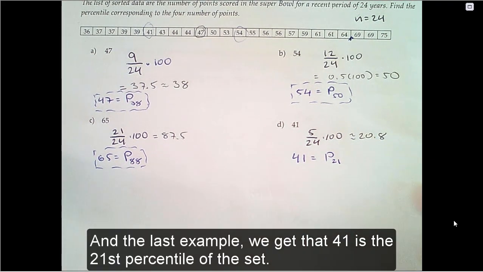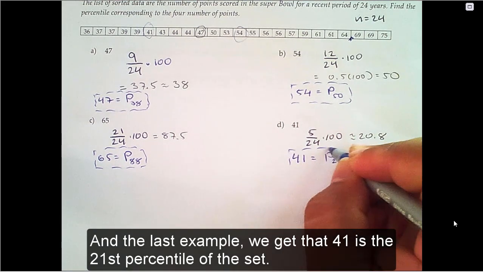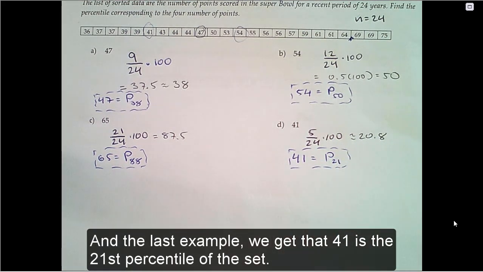In the last example, we get that 41 is the 21st percentile of the set.